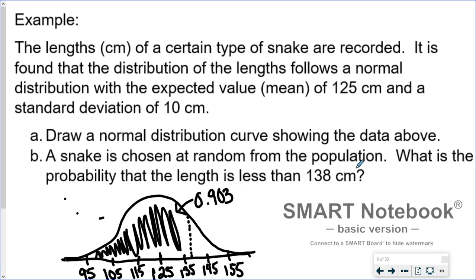When it asks what is the probability, you can give the probability as just a number between 0 and 1. That's perfectly fine. Or you could think of this as 90.3%. So there's a 90.3% chance that any snake chosen at random is going to be less than 138 centimeters.